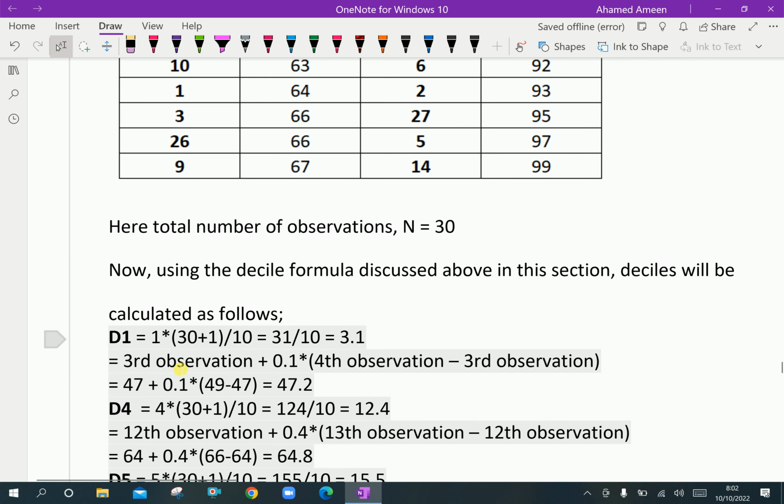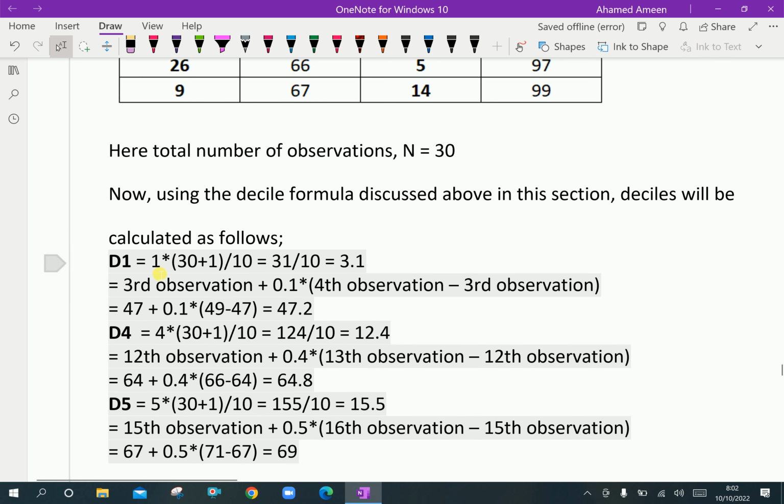Now using the decile formula, for D1, i is 1, so (30 plus 1) by 10 is 3.1. That is the third observation plus 0.1 into the fourth observation minus the third observation.